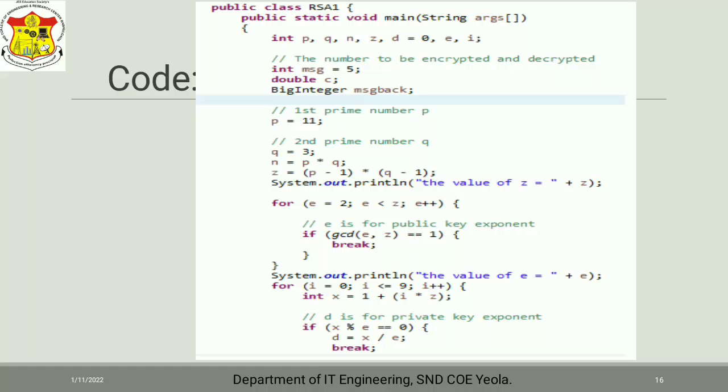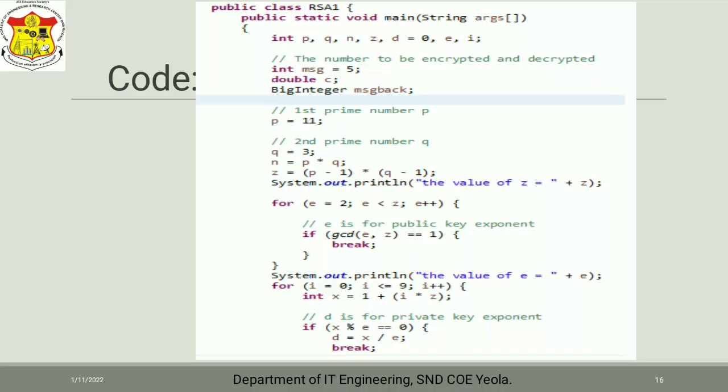To print the value of z, that is system.out.println. Next, select the value of e in such a way that it should be greater than 1 and less than phi of n, that is z.